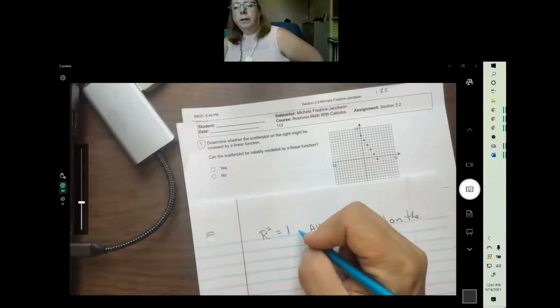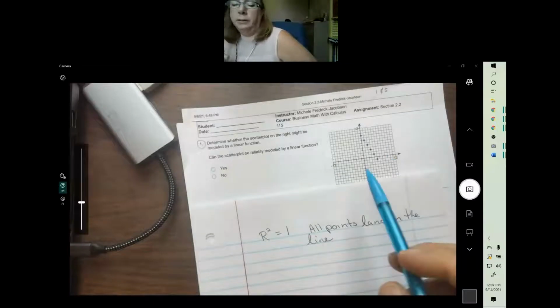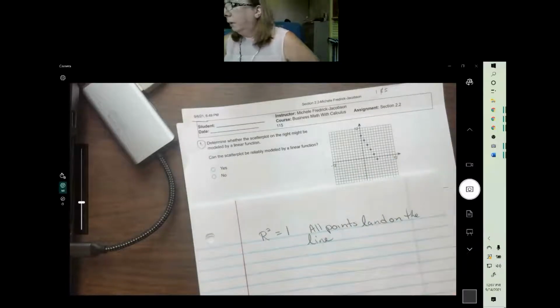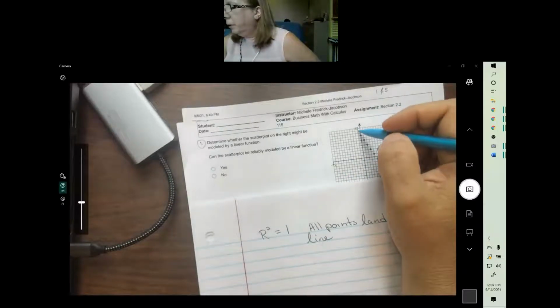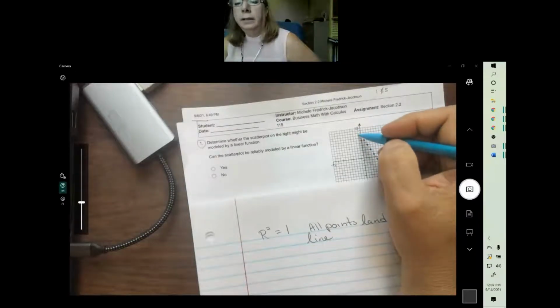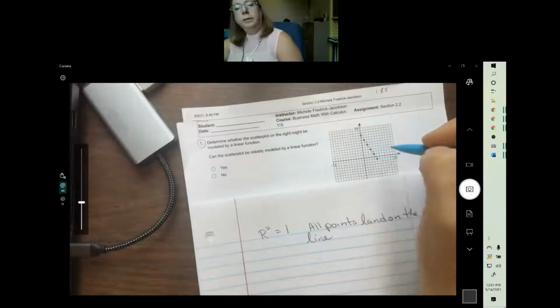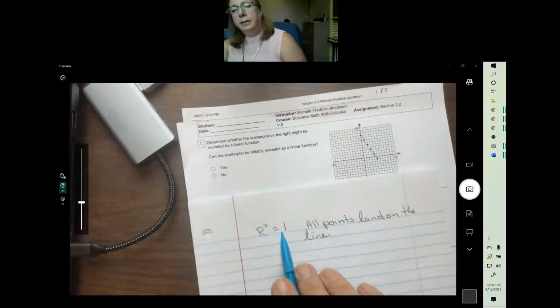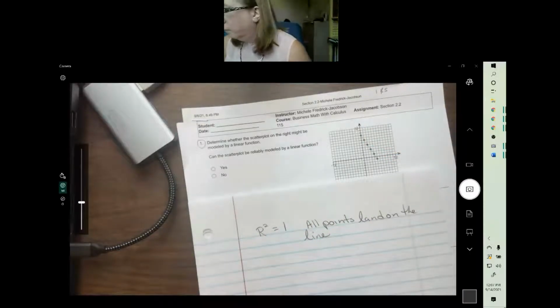So if r squared is 1, all the points land on the line. It doesn't have to be positive. It can be going down like this one is. But if they all land on the line, r squared is 1, and there's an exact linear relationship.